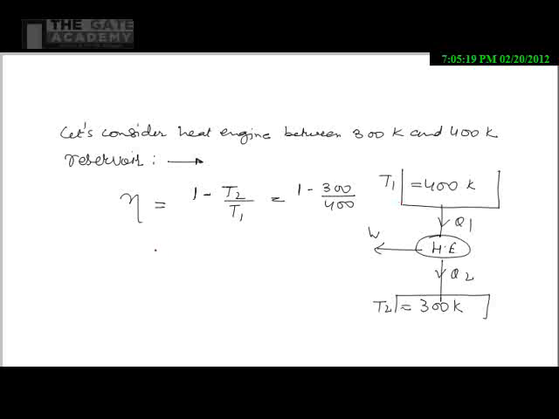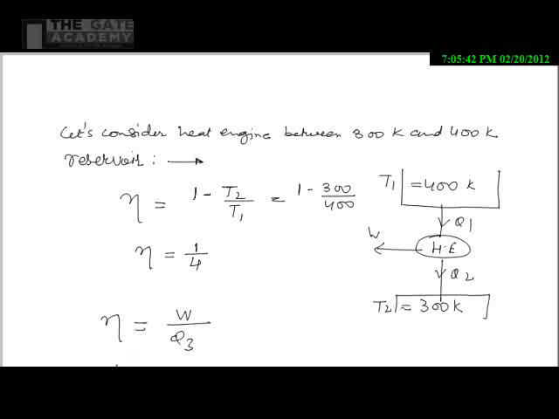So the efficiency will come 1 by 4. Now we can easily get the value of Q3, because Q3 is mentioned in the problem. Efficiency is nothing but W upon Q3.